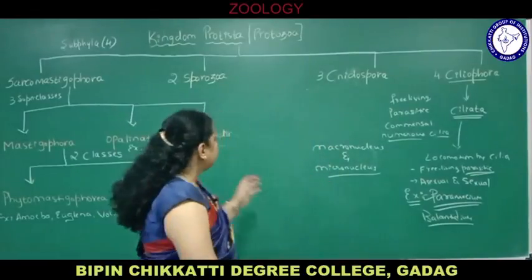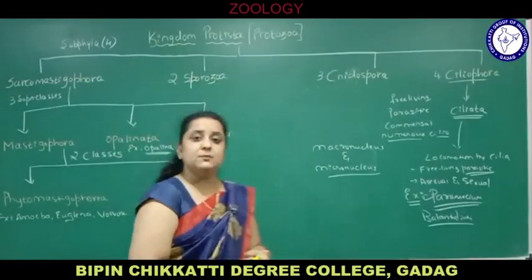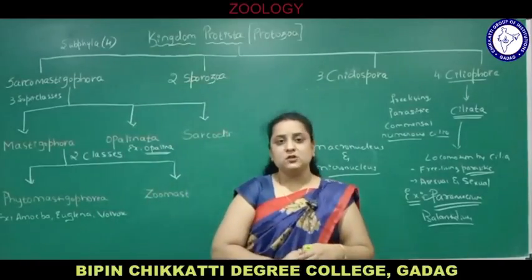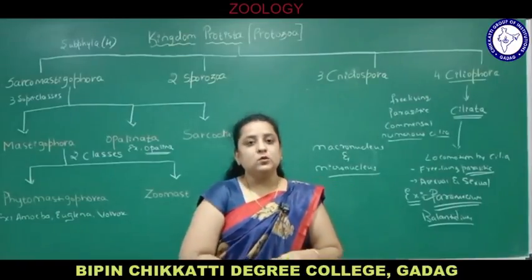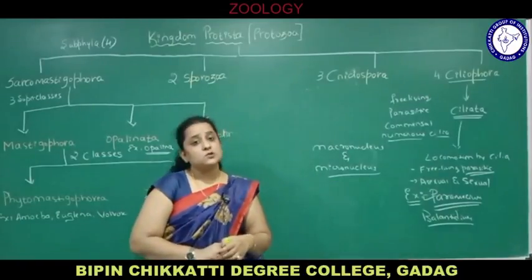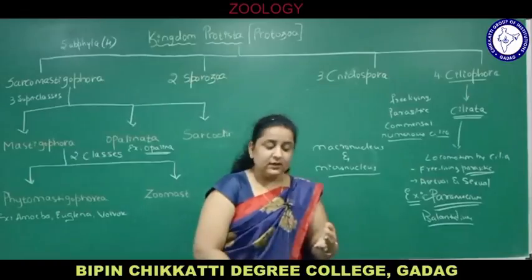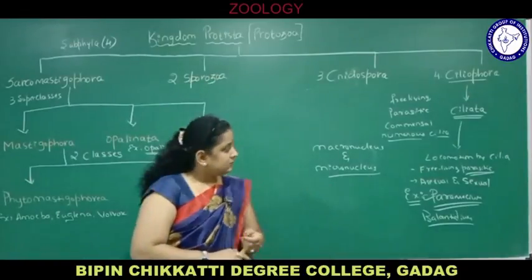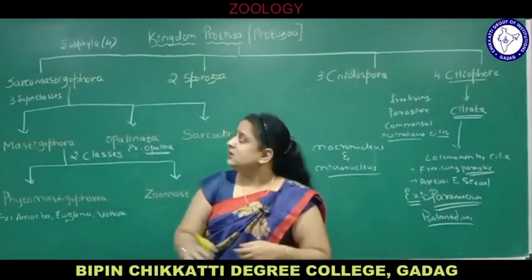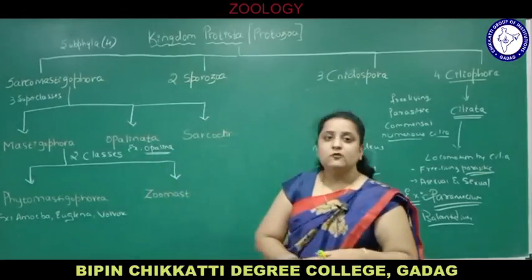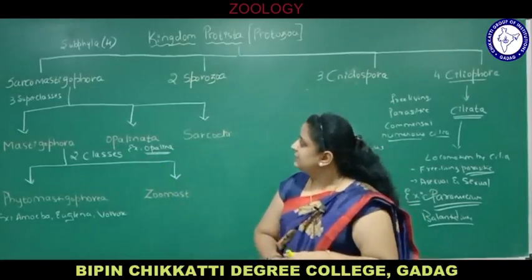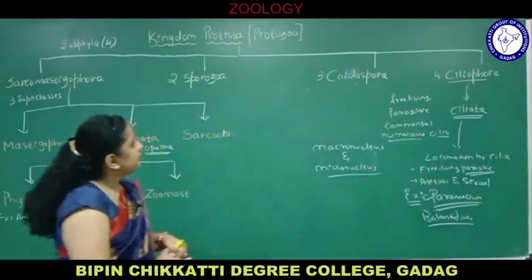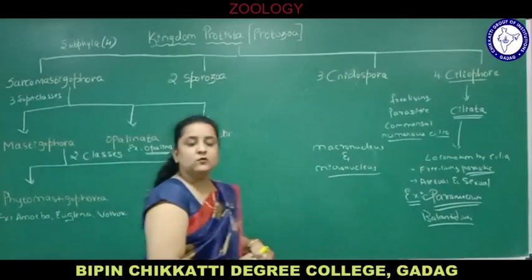Reproduction is by multiple fission, binary fission, sexual, asexual, by conjugation as well as formation of gametes. In response to stimuli they show stigmotrophic, chemotaxis and phototaxis. The phylum Protozoa is divided into four subphyla: Sarcomastigophora, Sporozoa, Nidospora and Coeliophora.